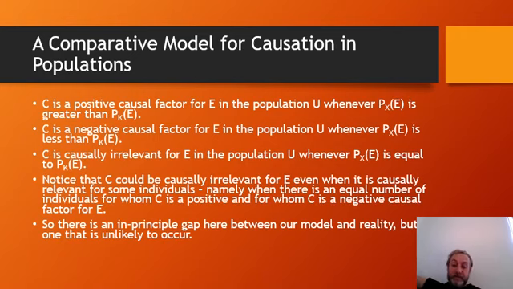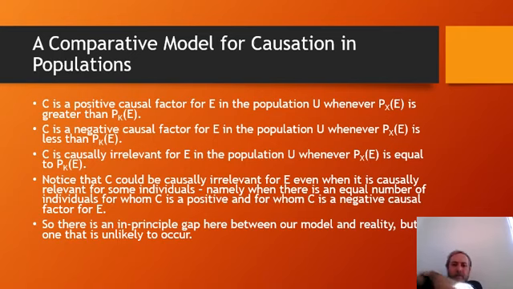Now, notice, maybe you're thinking this seems to entail that C could be causally irrelevant for E, even when it actually is causally relevant for some individuals. So, like, in P_X, someone did flip to having E. Or it makes more sense if I say, in P_X, somebody flipped to not having E, and then in P_K, somebody flipped to having E. So in one, it was a negative causal factor, in another, it was a positive causal factor.